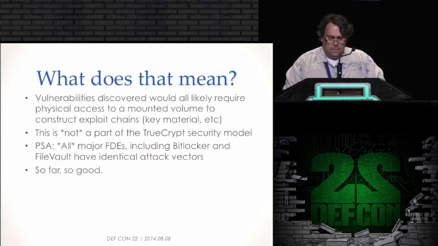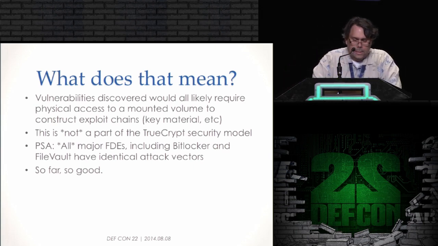Well, in aggregate, none of those vulnerabilities discovered are, as I said, part of the security model. If you had physical access to the machine with a mounted volume, like a machine in sleep mode, there are already exploits for that today. I mean, they're like $200. But that's not just TrueCrypt. That's BitLocker, that's FileVault, that's DMCrypt, that's the LUKS family on Linux. All major full disk and whole disk encryption implementations have similar attack vectors.